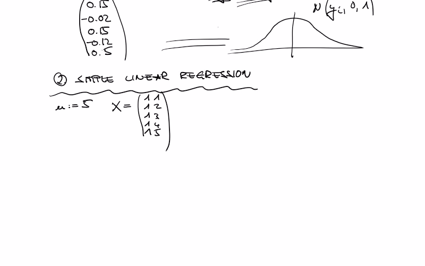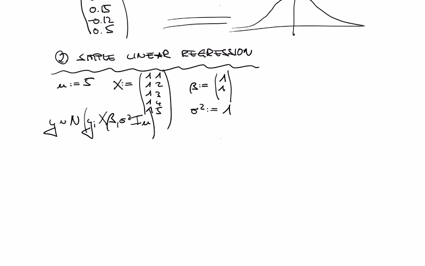Then, if we want to sample, we have to define our beta parameter vector, and I define this in this case as 1, 1, and we have to define our sigma square parameter, which I define again as 1. And now we want to sample y as a multivariate variable from this case.